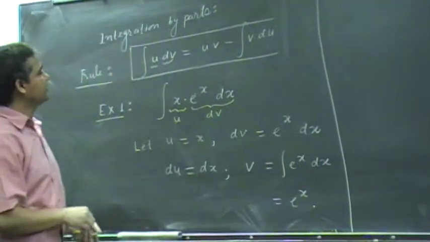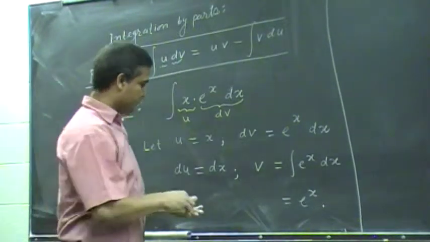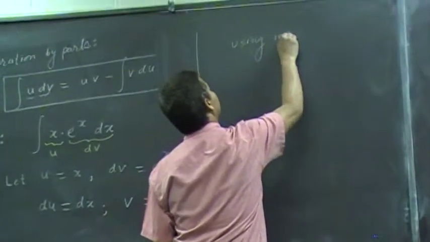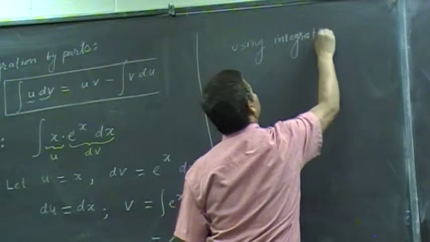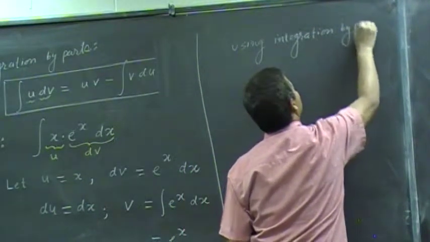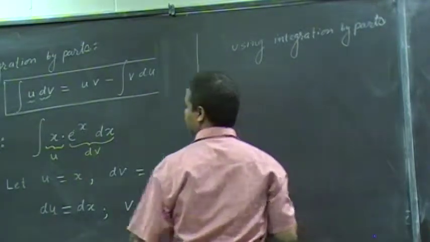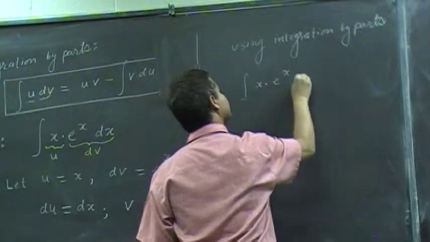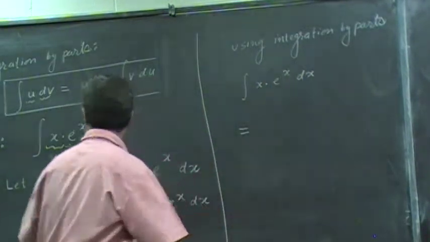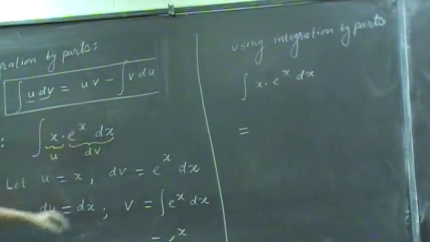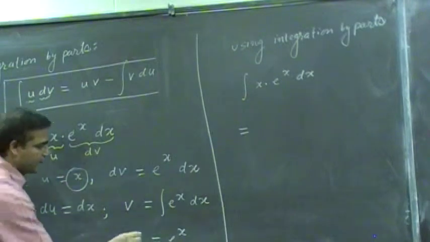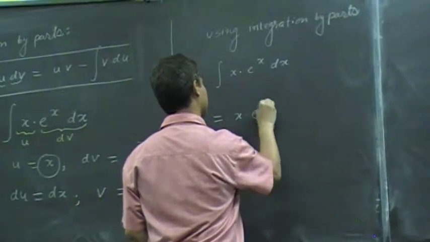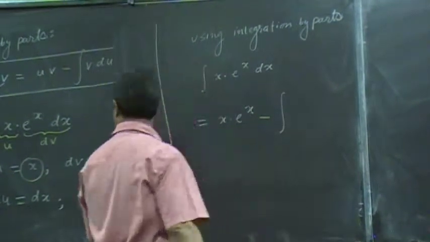So the integral of u dv, using integration by parts, equals u times v, that is x times e to the x, minus the integral of v du.